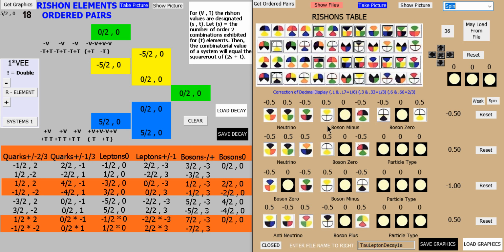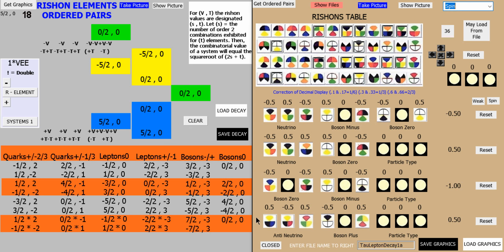And then we have the contribution of the components of the boson minus. We have a 1/2 and a minus 1/2, giving us a contribution to the spin of 0. So the total spin on the tau lepton will be minus 1/2.